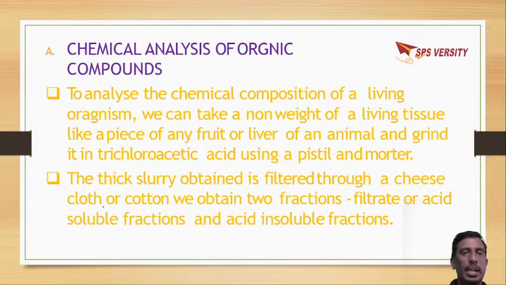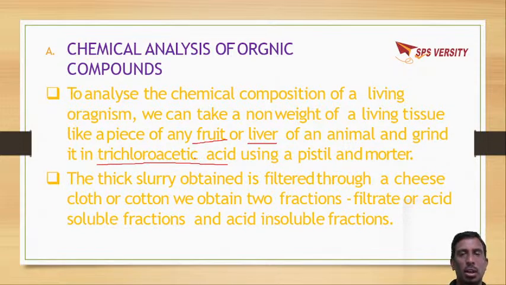So when you do chemical analysis of organic compounds, how to do this chemical analysis of a compound? For this we should take a living tissue of a living organism. Living tissue means it may be anyone, like a fruit, or if you take from animal, liver. Grind it in pestle and mortar, adding TCA, trichloroacetic acid.